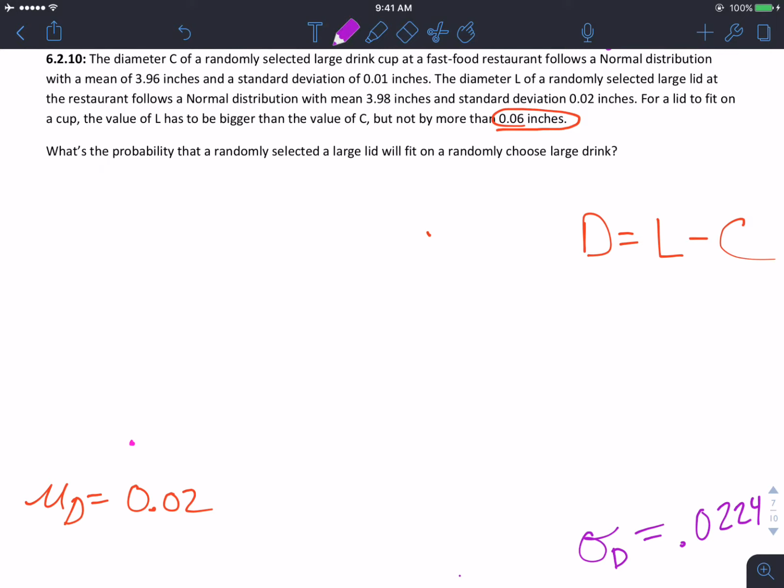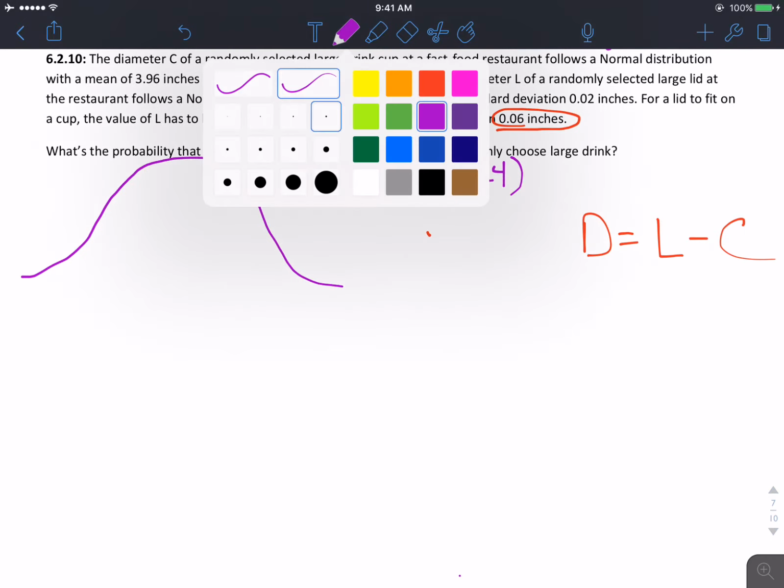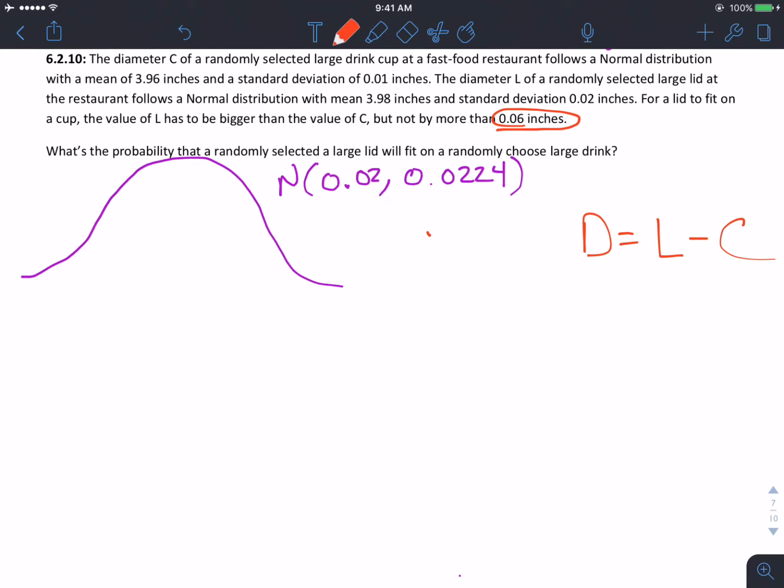So now what we do is we actually have a new curve here because we have just combined our curve. It is still normal, and we have a mean. And what it says is this cup has to be larger than the actual lid.